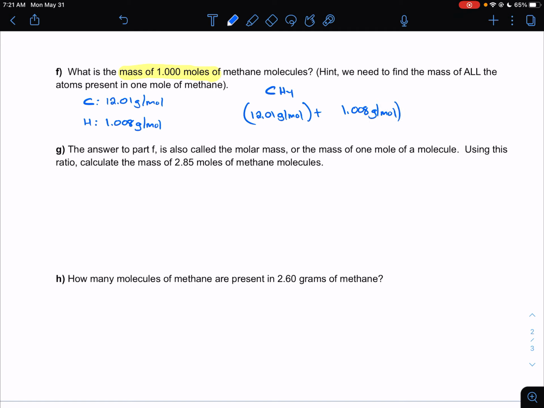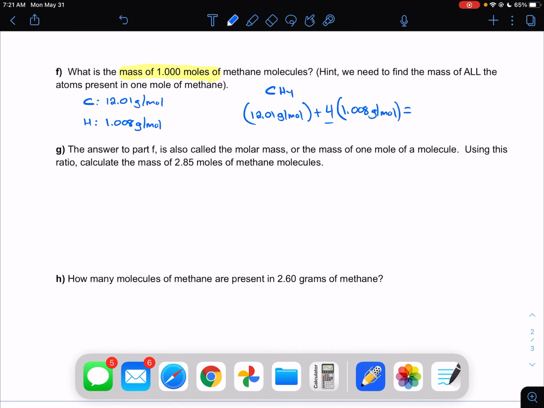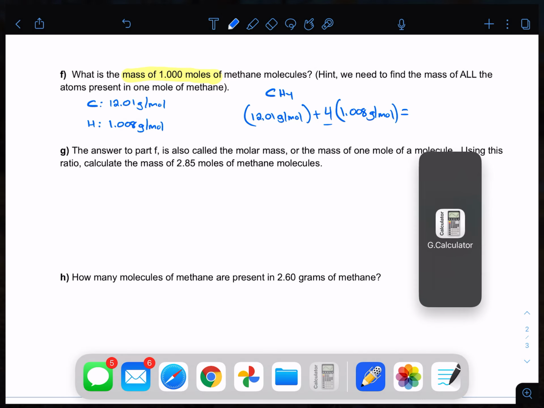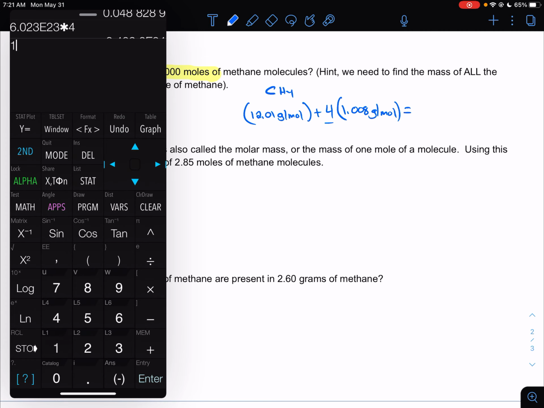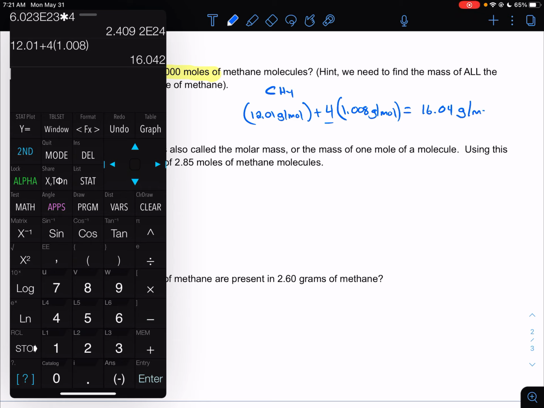However, there's 4 of these, so I'm going to multiply that by 4 because there's 4 hydrogens. The sum of that will be the molar mass of our methane. So we can say 12.01 plus 4 times 1.008, and that's going to be 16.04 grams per mole.